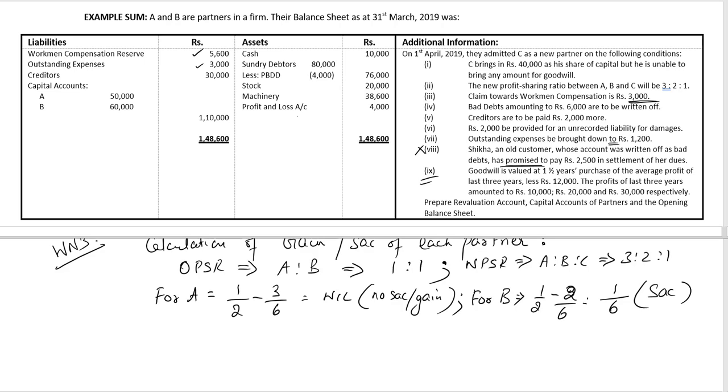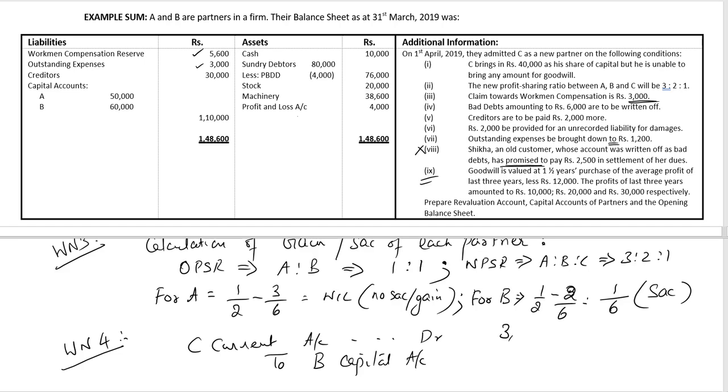So the journal entry will be C's current account debit, working note 4, journal entry for goodwill. C's current account debit to B's capital account. 3,000 rupees, which is C share of goodwill, fully credited to the sacrificing partner B.